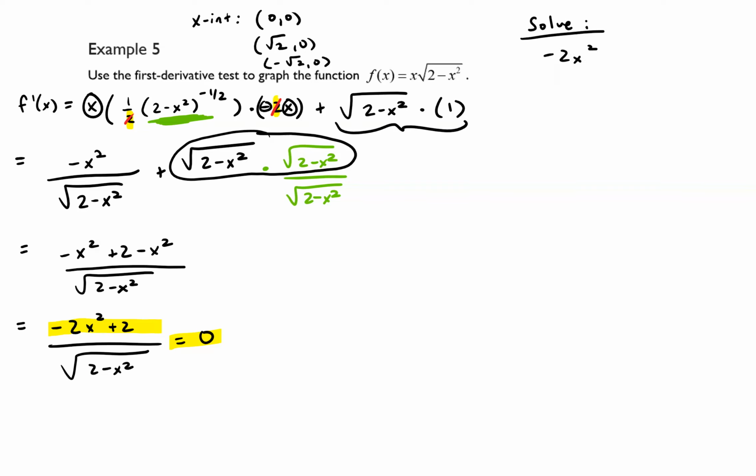We want to solve negative 2x squared plus 2 is equal to 0. So if I subtract 2 on both sides and then divide both sides by negative 2, we get x squared is equal to 1. If I then take the square root of both sides, we get x is equal to plus or minus 1. So our critical values are 1 and negative 1.